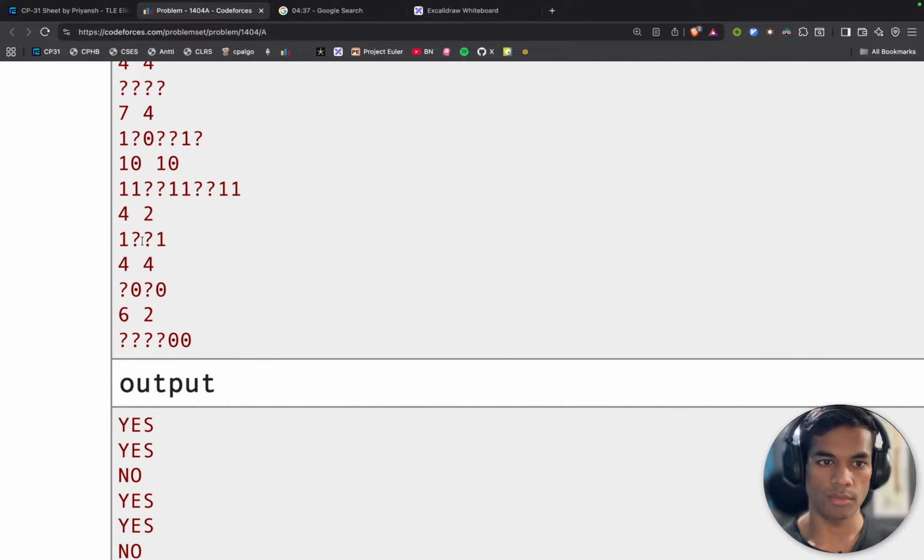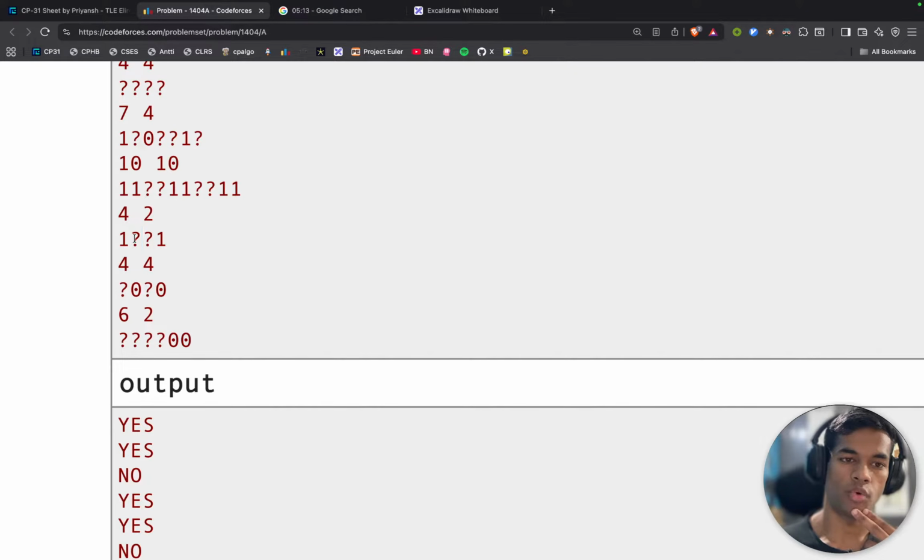Then I move my left pointer from this and bring it on this character, and my right pointer goes from this character to this, and my new substring is this. Here I will subtract 1 from the count for ones because I left one out. But I would also like to change this.